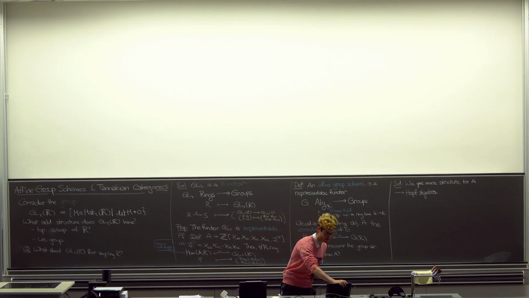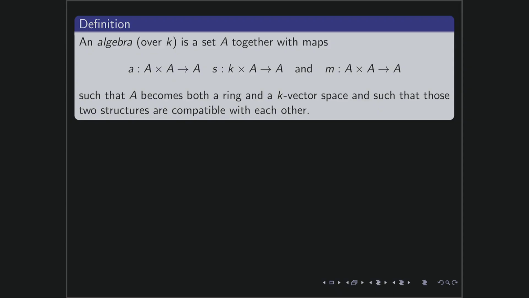So let me quickly turn on the beamer again. So the idea is the following. I start with a ring, an algebra A over a base field K. And the question I'm asking is, what is this algebra essentially?